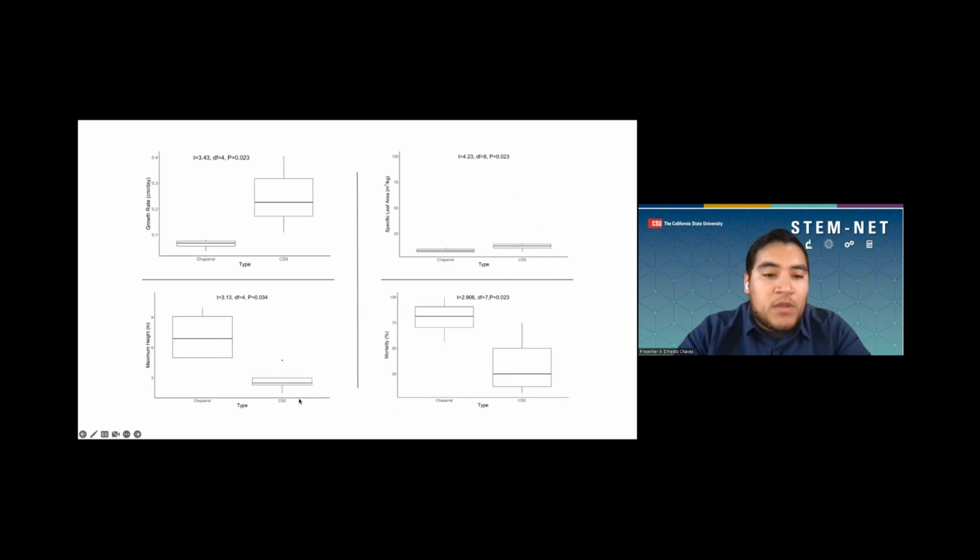Same when it comes to maximum height, although we did see an outlier with coastal sage scrub. And overall mortality-wise, coastal sage scrub typically did way better than chaparral.